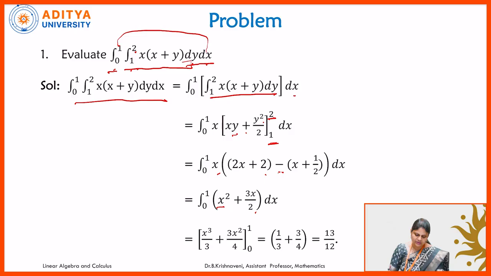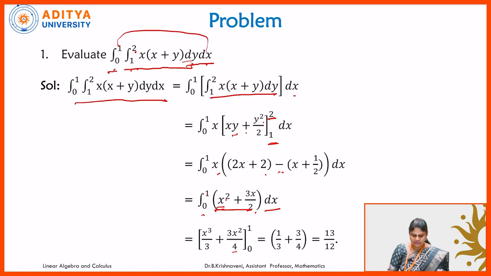So now do the integration of this function with respect to x between the limits 0 to 1. Now we know the integration of x square is x cube by 3, plus 3 by 2 into x integration is x square by 2, that is x square by 4, 2 into 2 is 4. Now the limits are 0 to 1.